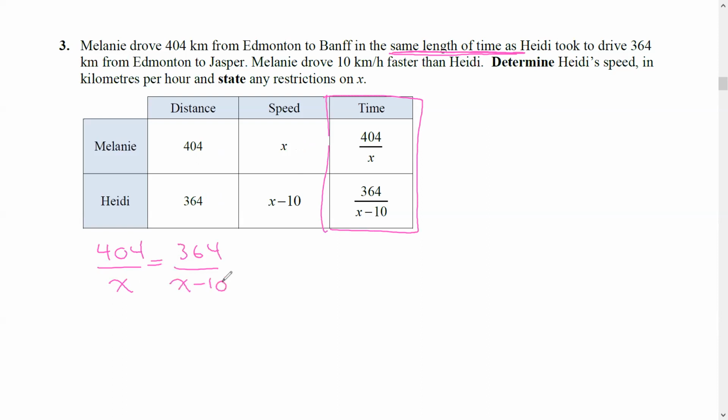I like it. Okay, so let's go and solve this thing. Common denominator: the left-hand side needs x minus 10 over x minus 10, and the right-hand side needs x over x. It's an equation, it's equal, the denominators are the same, therefore the numerators are the same.